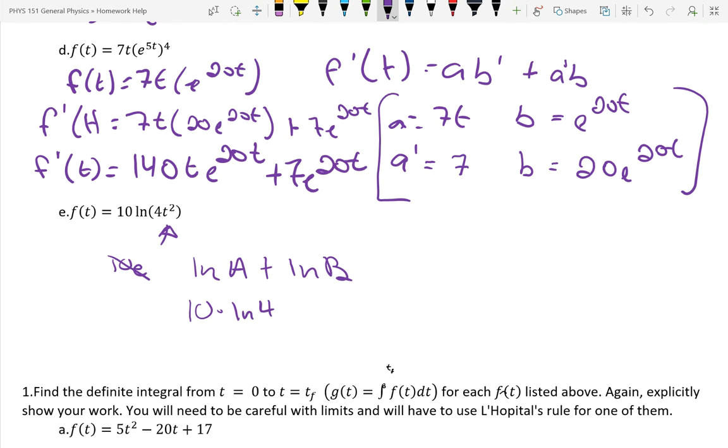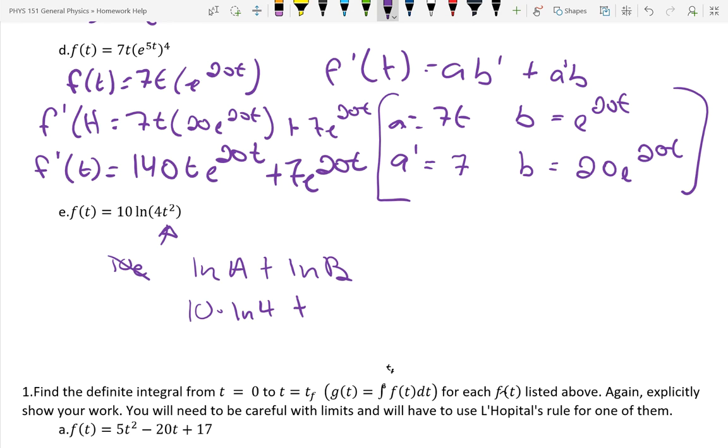Okay. And then we have plus. Now for our second term, notice we had t squared. Well, t squared is t times t. And so we could put 10 natural log of t plus 10 natural log of t. But we can all in our head say 10 natural log of t plus 10 natural log of t turns out to be 20 natural log of t.